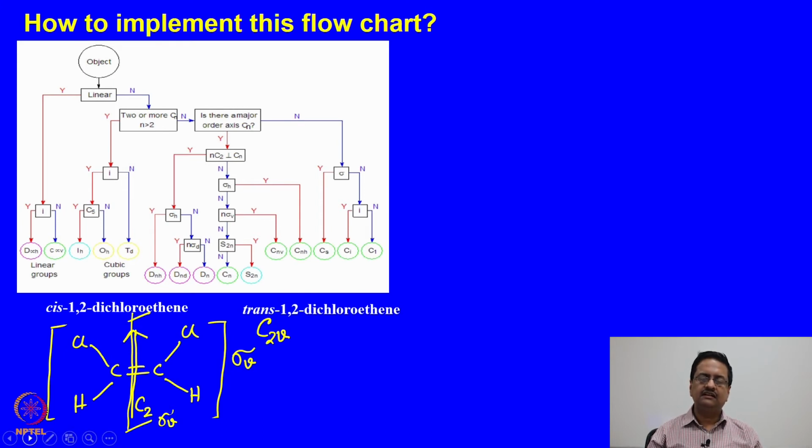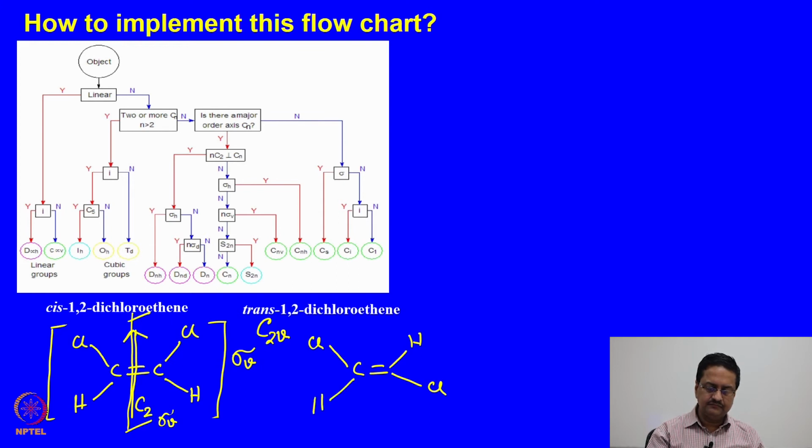Now, what about the trans compound? The trans molecule is different. If we write the trans molecule like this, you can find out what symmetry elements are present. In the trans molecule, there is a C2 which is passing through the center of the bond, but perpendicular to the plane of the projection.